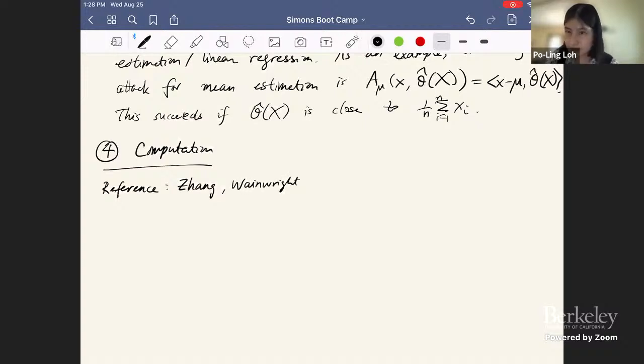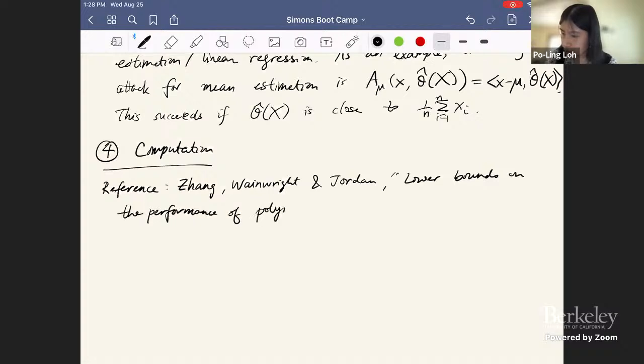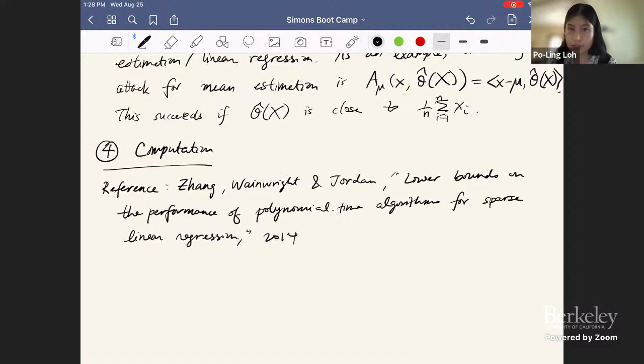So this is Yuchen Zhang's work from a couple of years back. And the paper is lower bounds on the performance of polynomial time algorithms for sparse linear regression. And this is a paper from 2014.